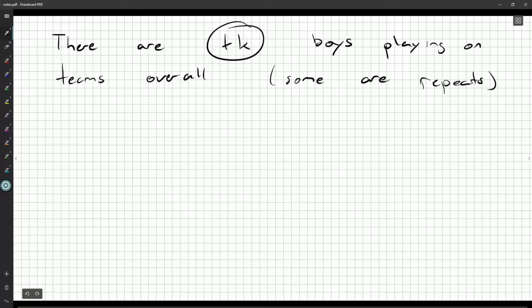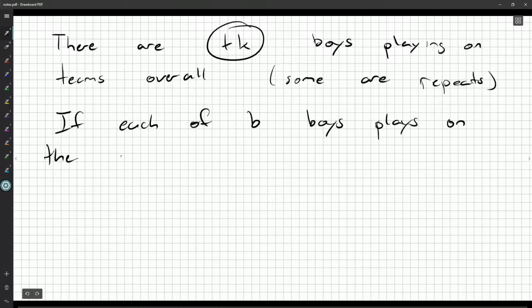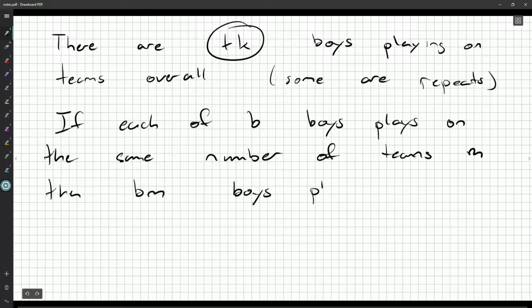So if every boy plays the same amount of times, if each of B boys plays on the same number of teams, I don't know, call that M for team, then there are BM boys playing overall, but we already know how many boys there are playing overall.